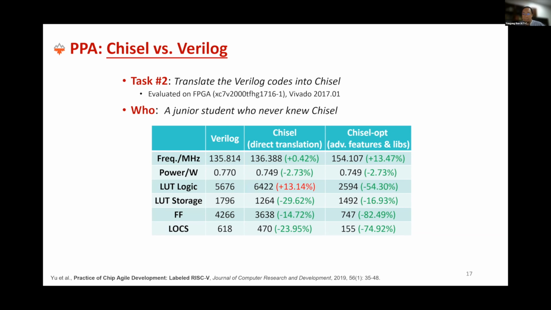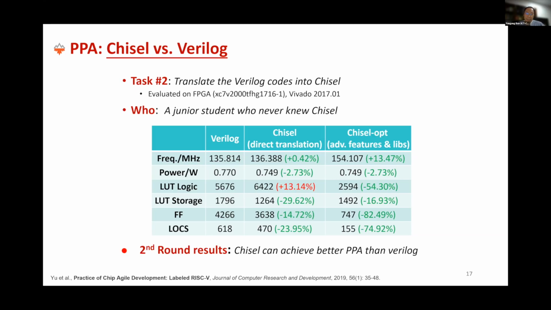And with the help of a PhD student, the junior student even improved the Chisel code by quite a lot. For example, the frequency improved by about 13%, and the LUT logic was reduced by about 54%.